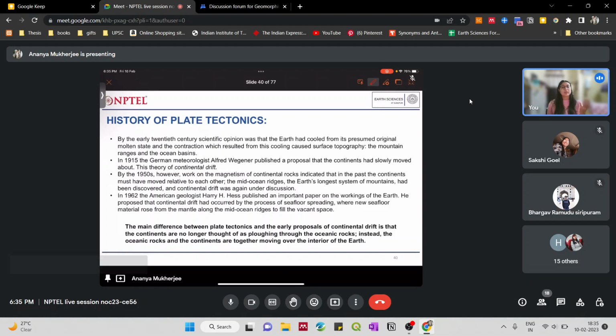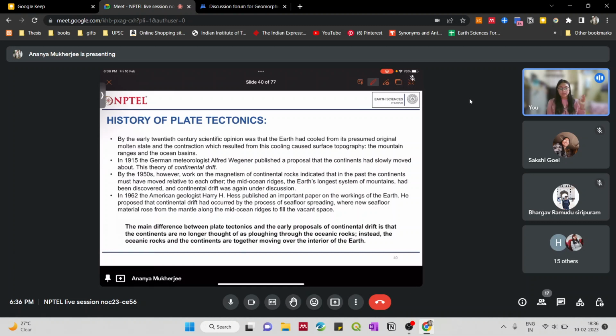So the continental drift theory is the start of these concepts. But he could not explain the mechanisms that were driving these continents to move across the earth's surface. So it was disproved later on, because of the limitations, because he could not explain the mechanism properly.